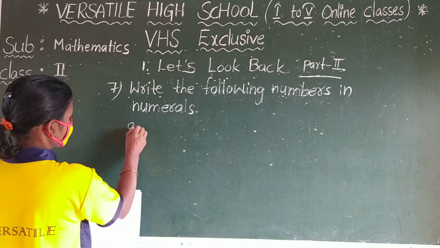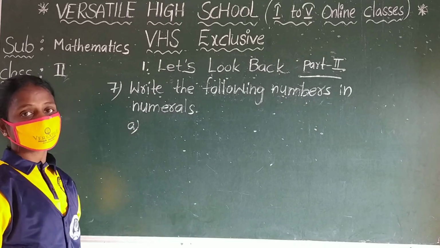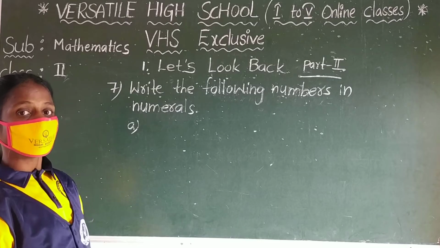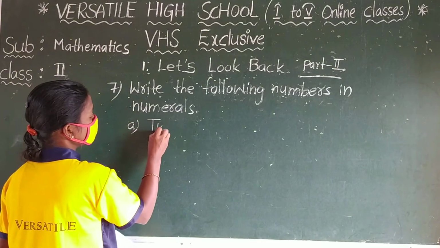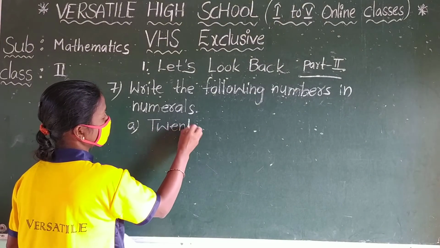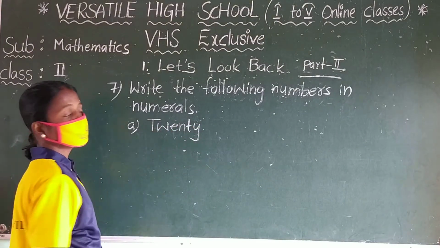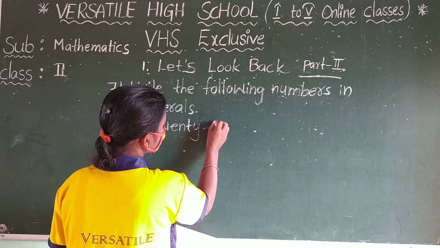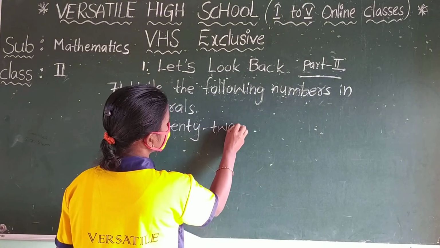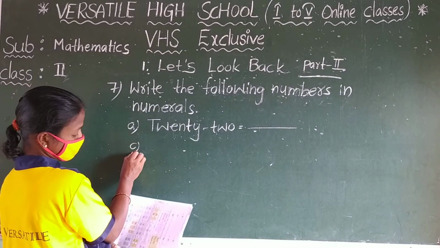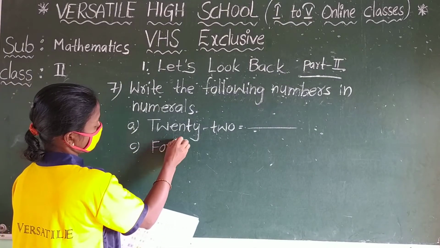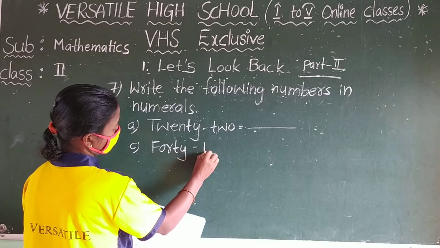First, I am telling you only A, C, and E. The remaining bits you do in your textbook. A is twenty-two, 20 and 2, 22. C is 42.